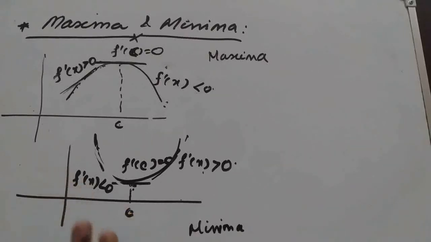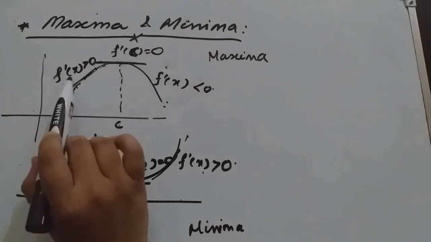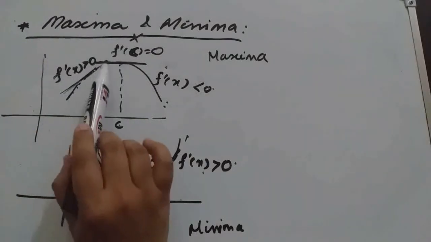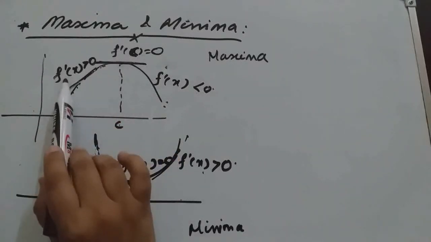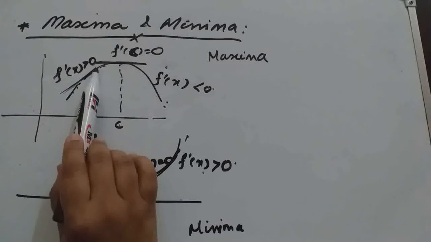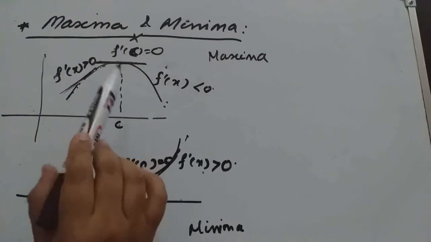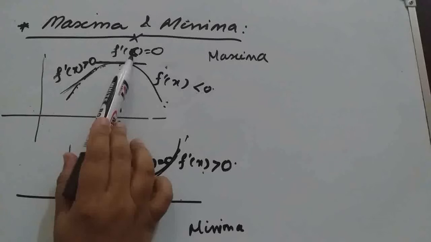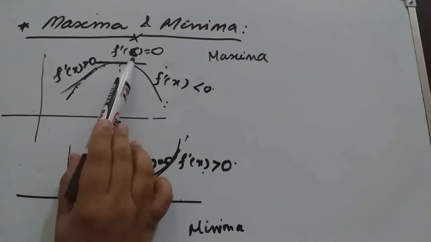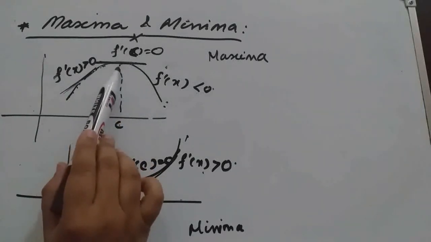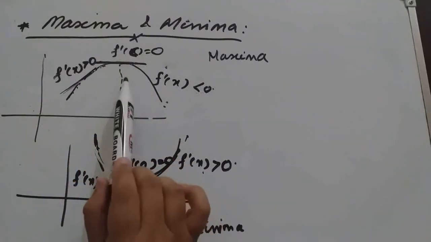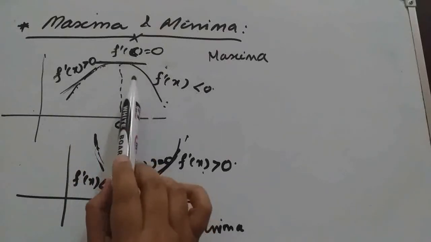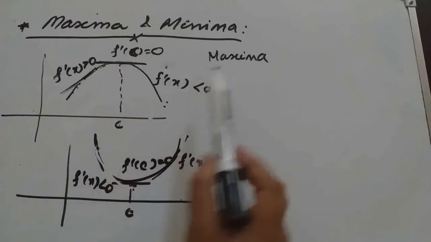Now, since we saw these increasing and decreasing functions, we can give the definition of maxima and minima. If f dash of C is equal to 0 and f dash of x is positive to the left of the point C, where derivative of function at C is 0, and f dash of x is negative to the right of that point C, then this point will be maximum.